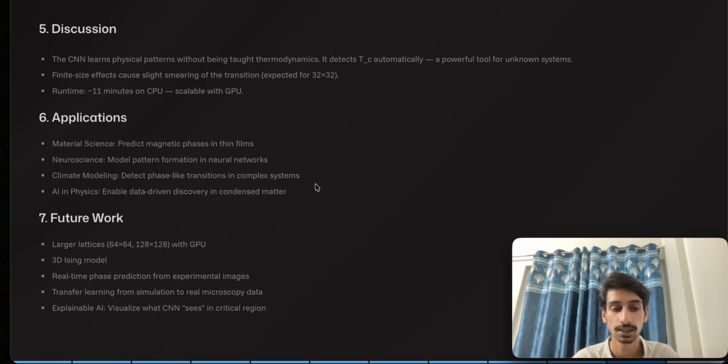And the CNN learns physics patterns without knowing thermodynamics, and detects the critical temperature automatically, works for unknown systems, 32 cross 32 grid, slight smearing. And on CPU, the runtime was 11 minutes, which is scalable on GPU.